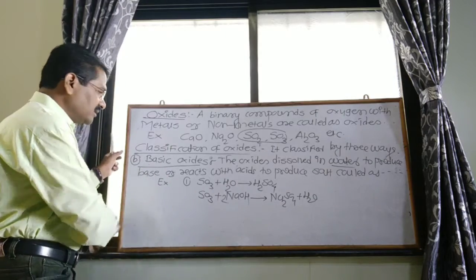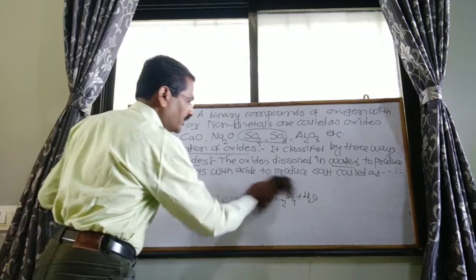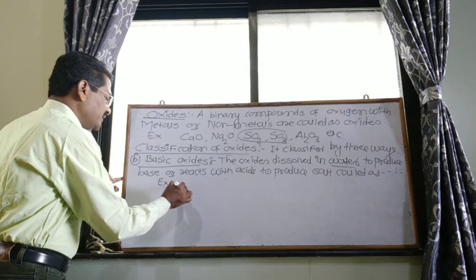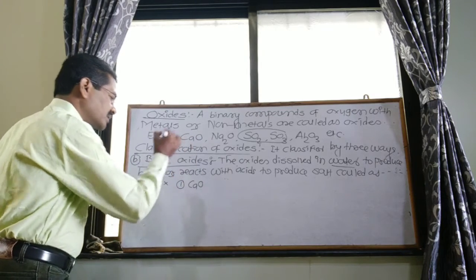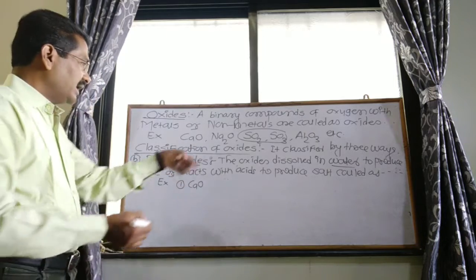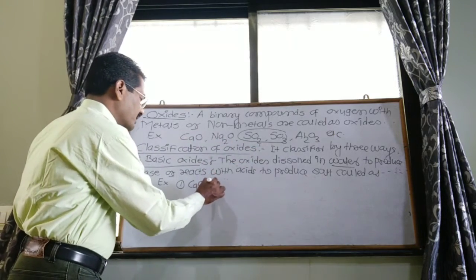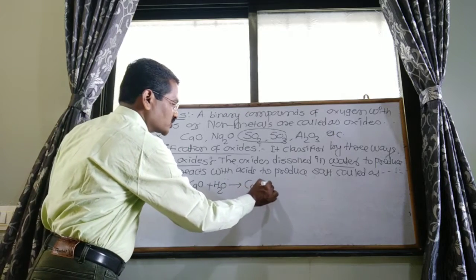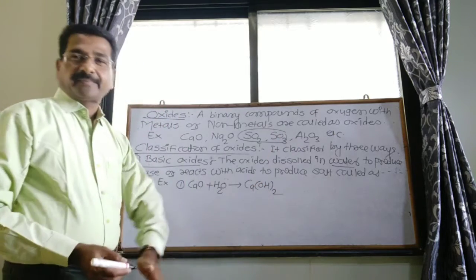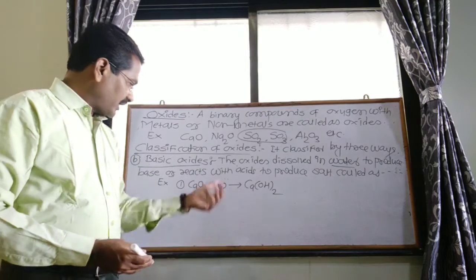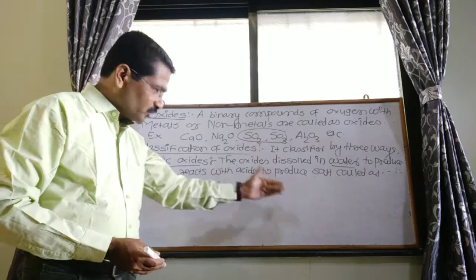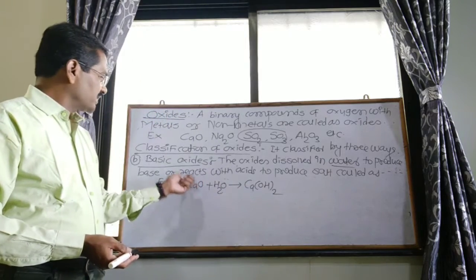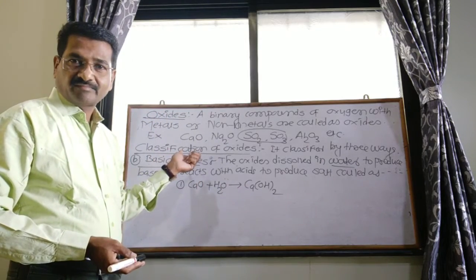These are called basic oxides. For example of basic oxide, suppose calcium oxide, CaO, dissolved in water forms calcium hydroxide, which is a base. Therefore, calcium oxide is a basic oxide.